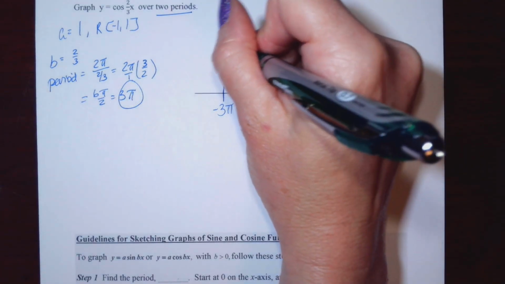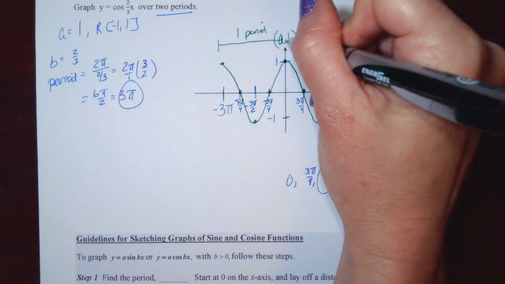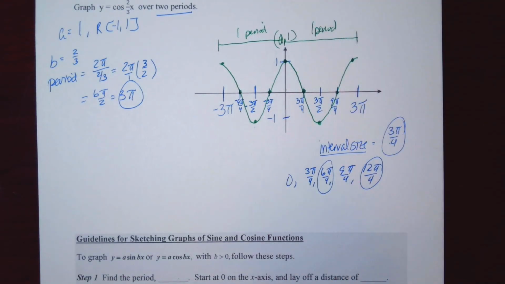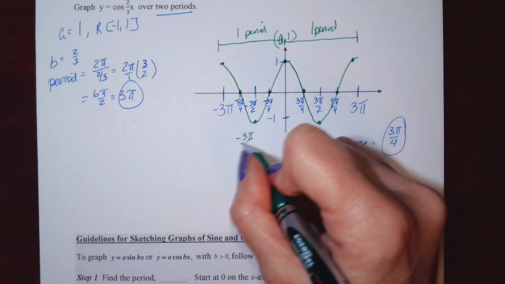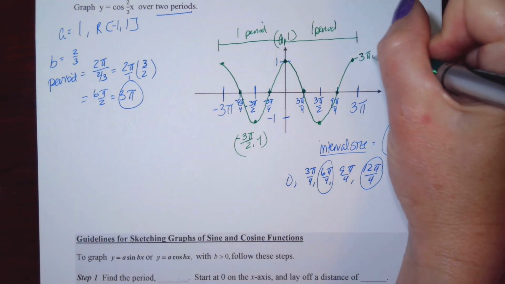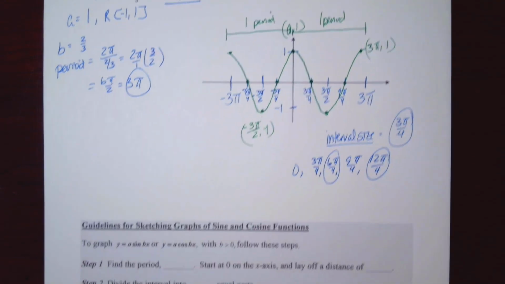So I've got 1 cycle, 1 period, and 1 more. I've got a trough here at -3 pi halves, -1. I've got a peak here, 3 pi, +1. Just remember, you're inputting the angle, your output is the function value.